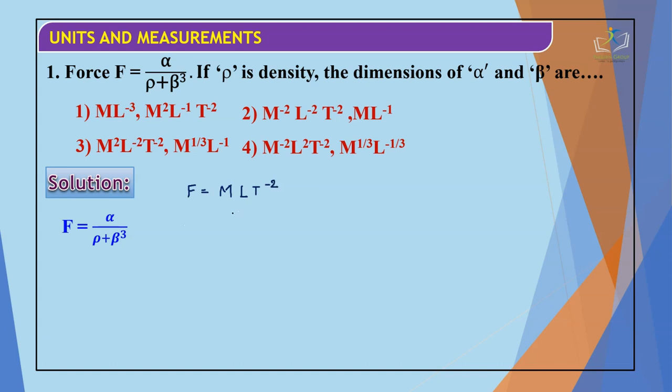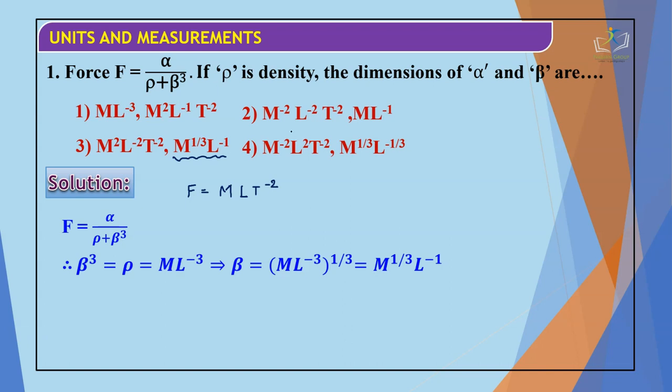From here we can easily calculate the values of alpha and beta. For that, beta cube is equal to rho, which is ML^-3. From here we can calculate the value of beta. Now from beta, as you can see, we have only one option related to that, which is the third option, so we can directly mark it there. But for more confirmation, we do more of the solution.